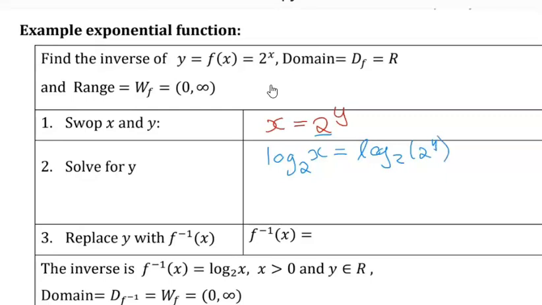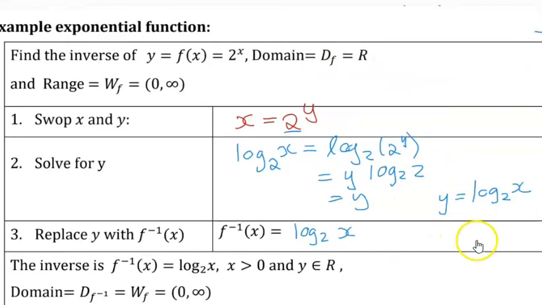I know from my properties of logarithms this will be equal to y log base 2 of 2, which is equal to y. So I have a function y equal to log base 2 of x. That means my inverse function is log base 2 of x.